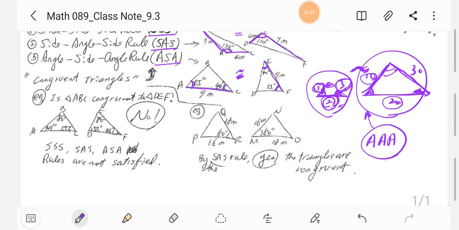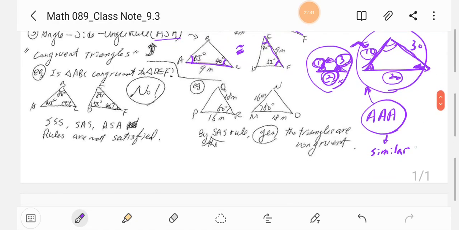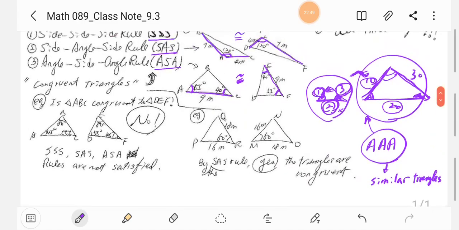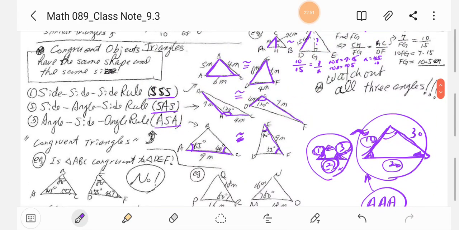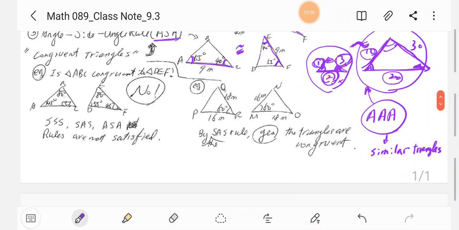So this is similar. AAA indicates two triangles are similar triangles. Okay, similar triangles, not congruent triangles. So only these three make congruent triangles. Congruent. SSS, SAS, ASA.